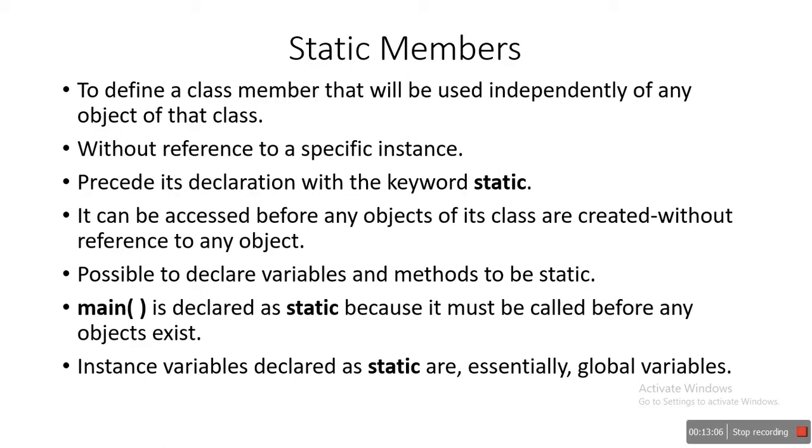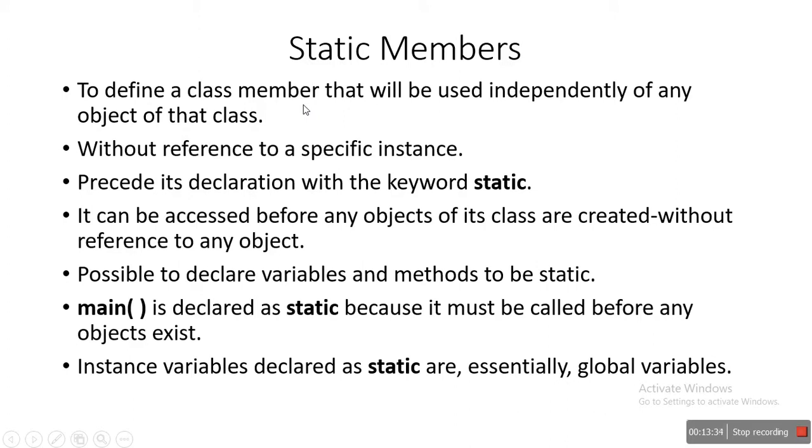Okay. So now, what are the static members? See here, it is to define a class member that will be used independently of any object of that class. The meaning here is that you are going to define a class member, or a data member, that will be used independently of any object. So you can directly access the static members.